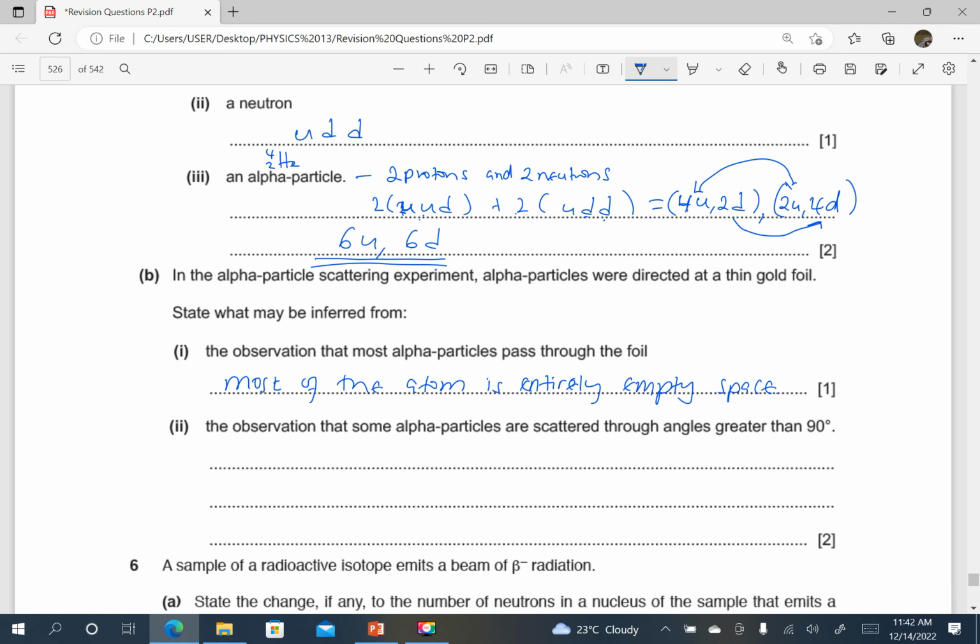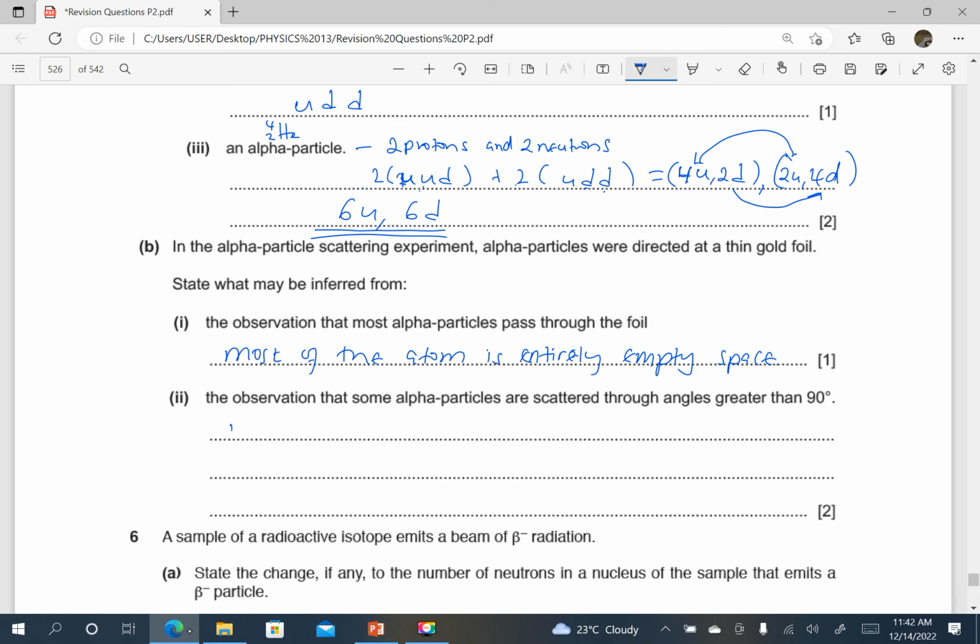Number 2, state what may be inferred from the observation that some alpha particles are scattered through angles greater than 90 degrees. We have already answered this. Most of the mass is concentrated in a very small positively charged nucleus.